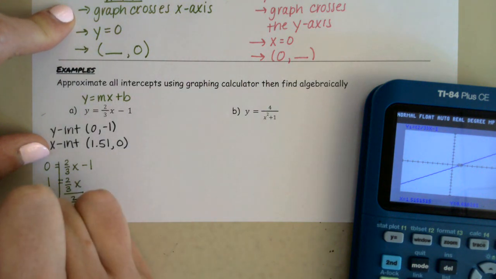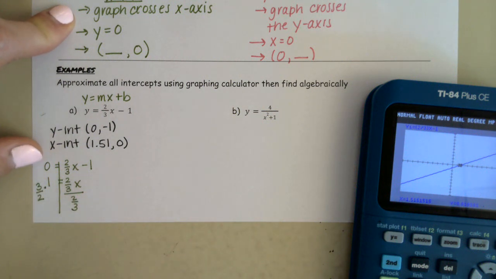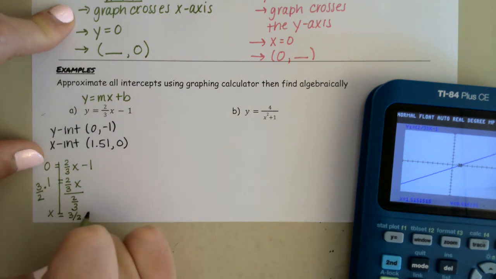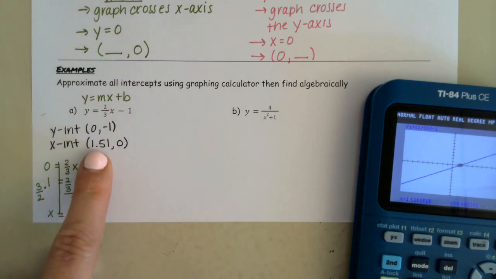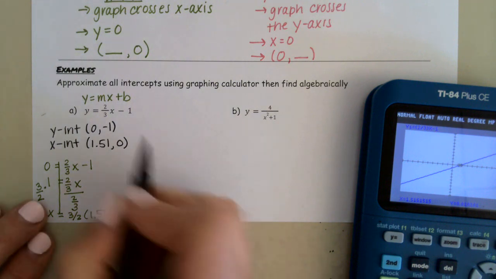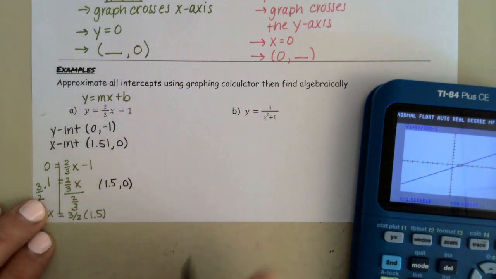Dividing by 2/3 is the same as multiplying by 3/2. 3/2 times 1 is 3/2. 3/2 is 1.5. Look at my approximation. My approximation is 1.5. My actual calculation is 1.5. So my x-intercept is at 1.5, comma 0.